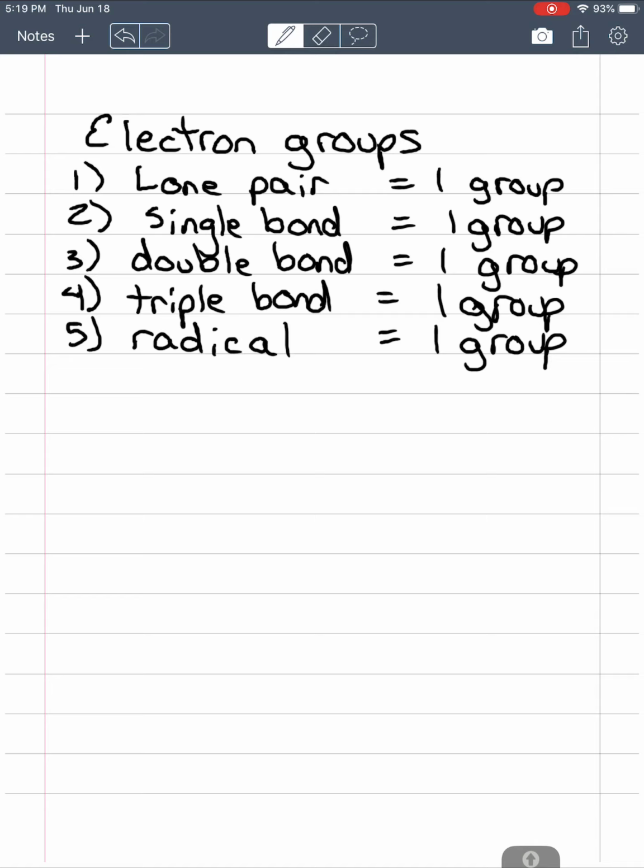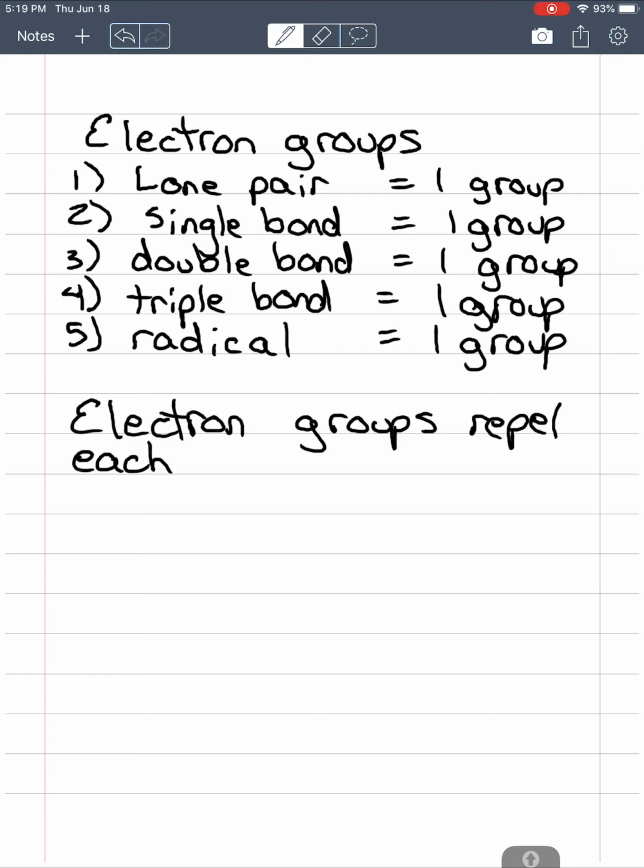Electrons all have negative charges, so they have similar charges, and like charges repel each other.